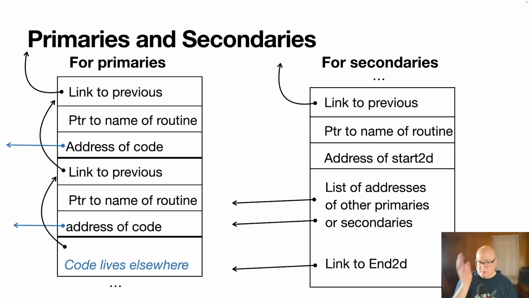So we defined add double, and it was plus 2 times or whatever. Those words are going to be in there in a list. And then we always generate N2D, end secondary, as the last thing in the list. So start2d knows how to interpret. It walks through that list. It eventually hits N2D, which says, okay, we're done.